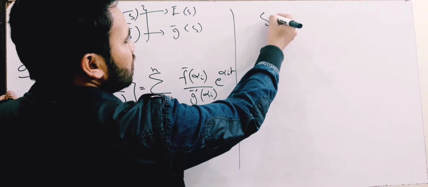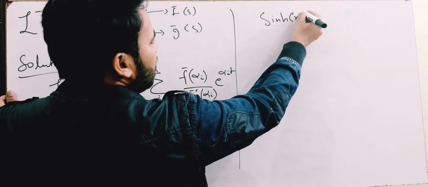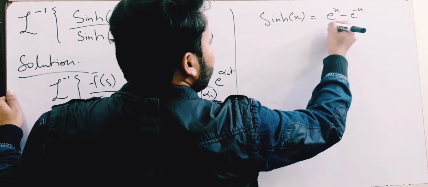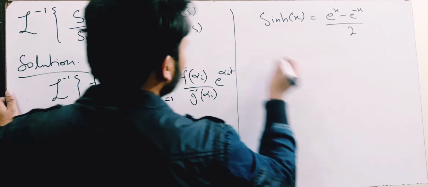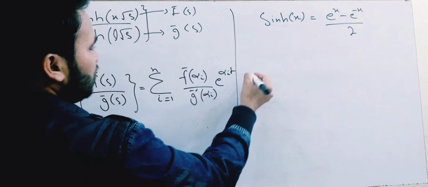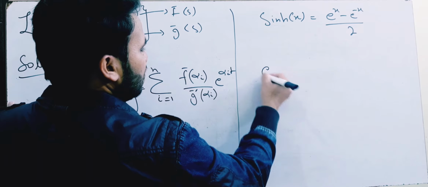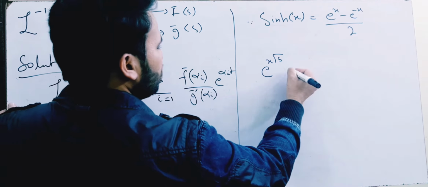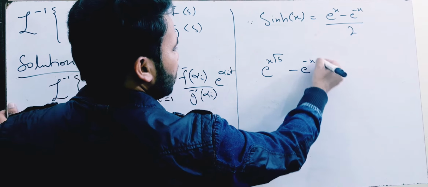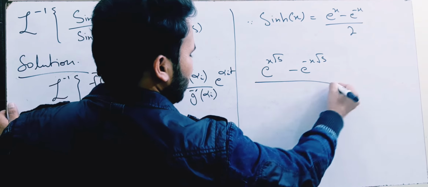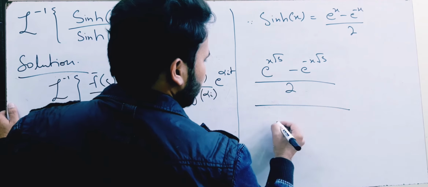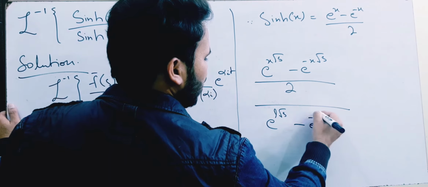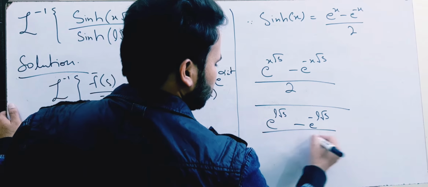sine hyperbolic of x equals e power x minus e power minus x divided by 2. So this will be e power x square root of s minus e power minus x square root of s divided by 2, whole divided by e power l square root of s minus e power minus l square root of s divided by 2.